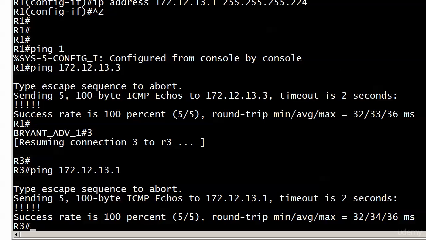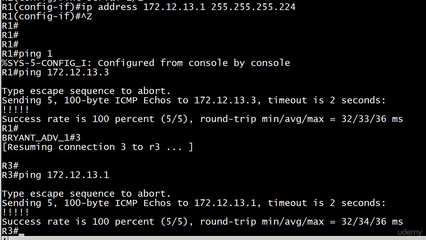If we stick with that /27 network mask, what's the corresponding wildcard mask for that? So /27 means, of course, the first 27 bits are set to 1. So in a wildcard mask, that means the first 27 bits will be set to 0, leaving us 5 bits.